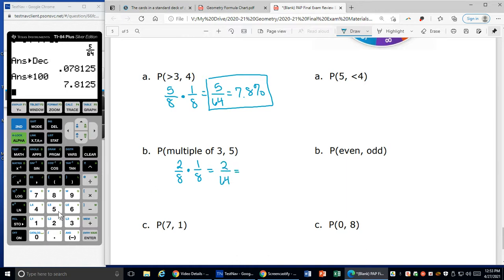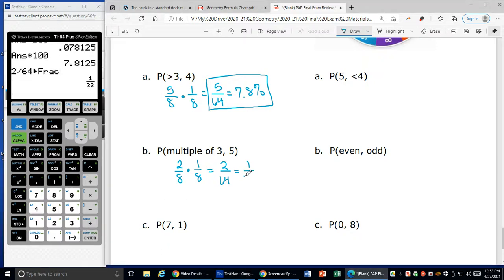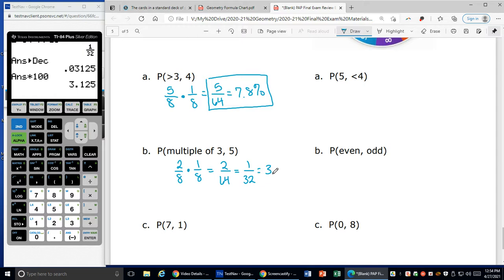So that's going to be 2 divided by 64. Math, make it a fraction. 1 out of 32. Math, make it a decimal. Times 100. Gives me 3.1%. I'm going to just round to one place.